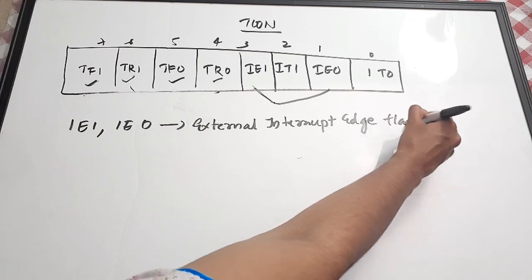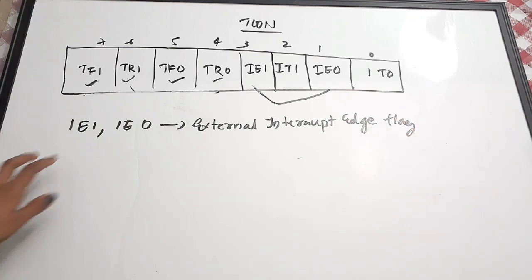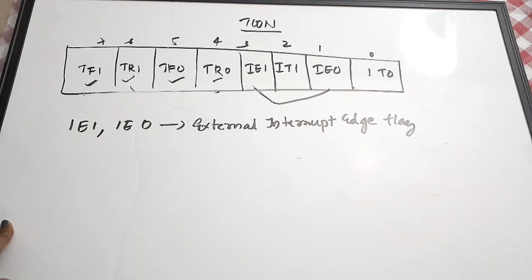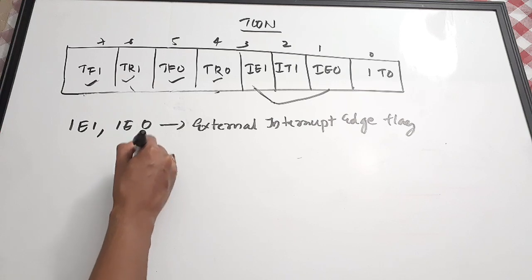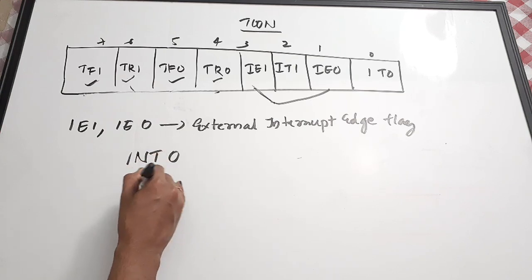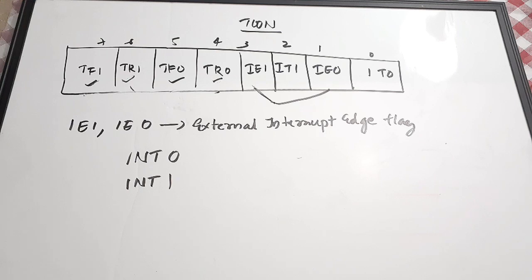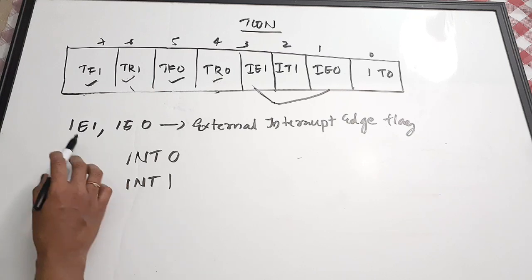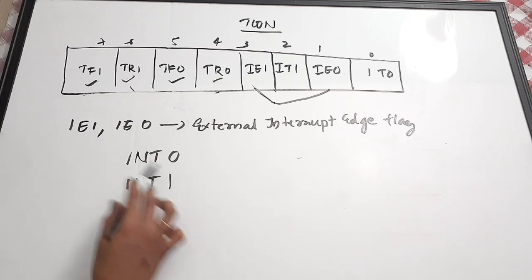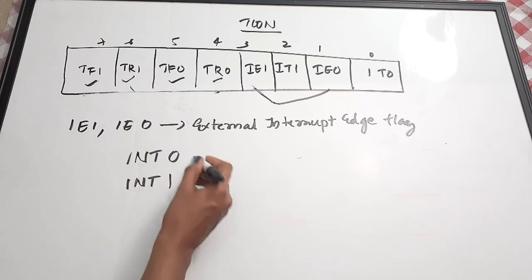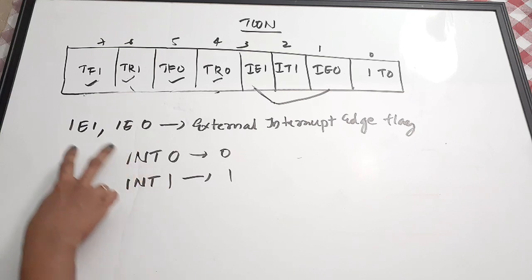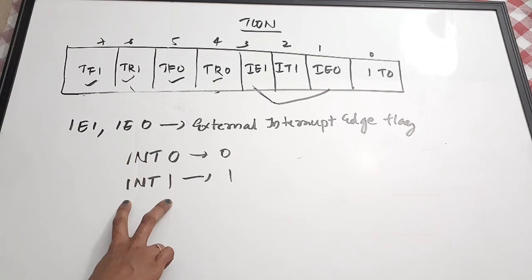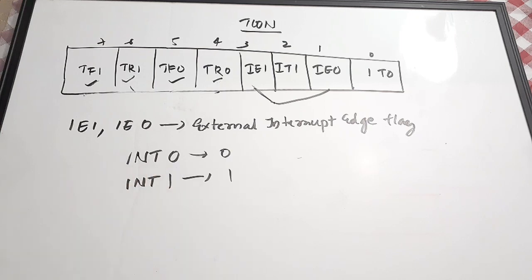If you have seen the interrupt video, you may know that there are two external interrupts, INT0 and INT1. IE1 is for external interrupt 1 and IE0 is for external interrupt 0. So IE1 corresponds to external interrupt 1 and IE0 corresponds to external interrupt 0.